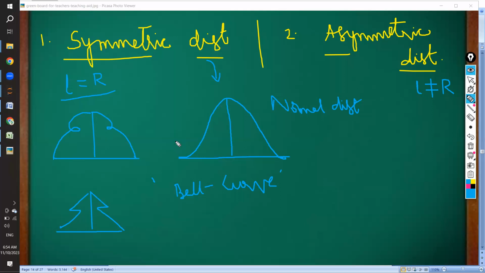Coming back, normal distribution can be called a special case of symmetric distribution where left side equals right side, meaning both are mirror images of each other, but along with that the shape should be a bell curve. Is this clear?